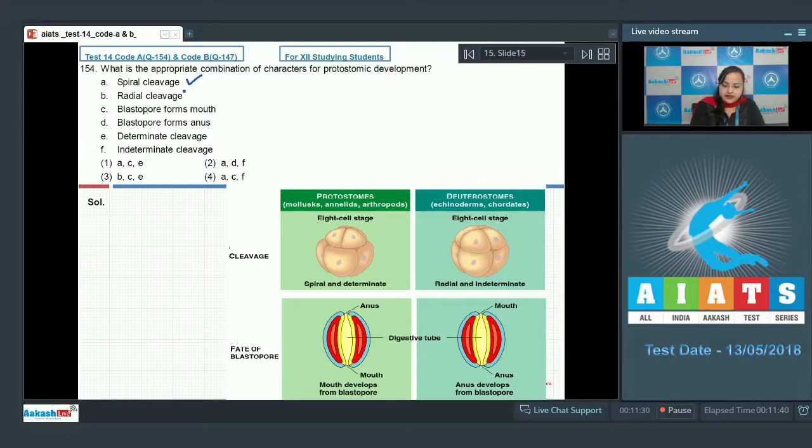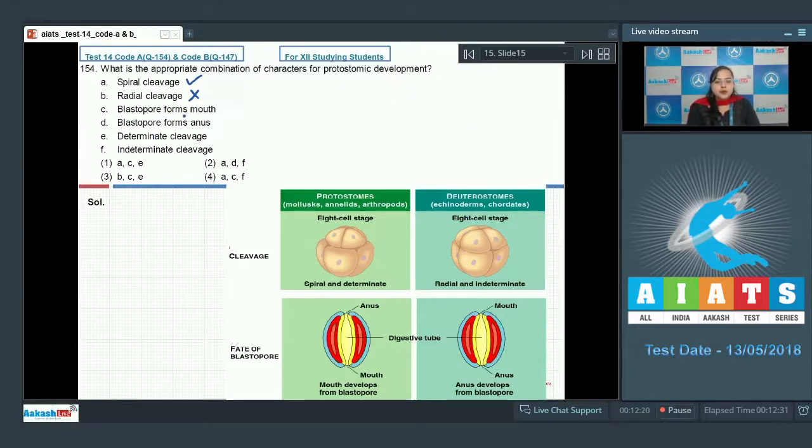B is given, radial cleavage. Radial cleavage occurs during deuterostomic development, not in protostomic development. In radial cleavage, successive planes of cleavage cut straight through the egg, and the blastomeres are arranged one over the other.